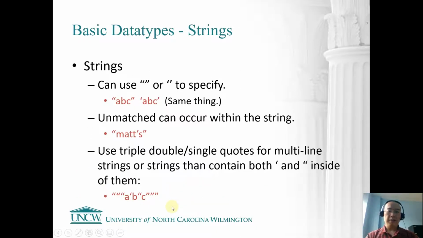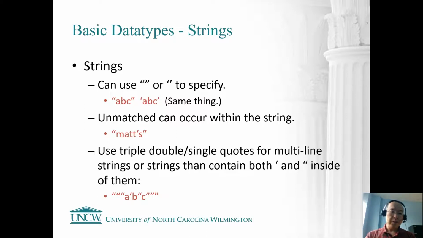Okay, and string is probably one of the most basic data types in Python, and here is the thing we may not know. We can start a string with double quote or single quote. And the rule is, if you start with double quote, you finish with double quote. And if you start with a single quote, you finish with a single quote.